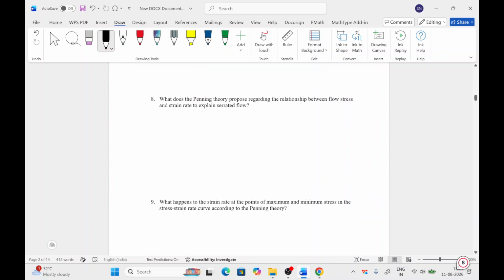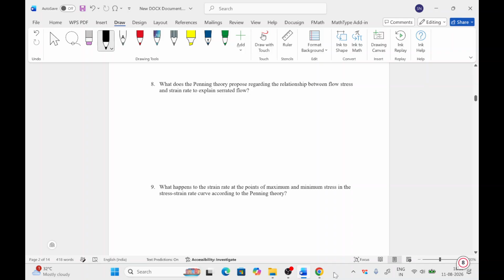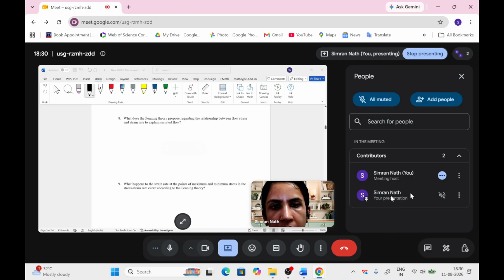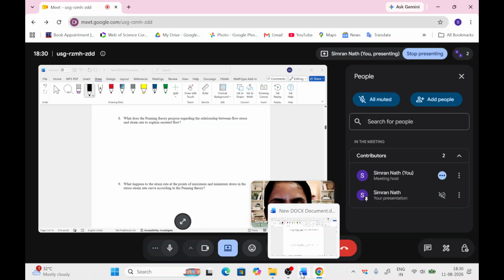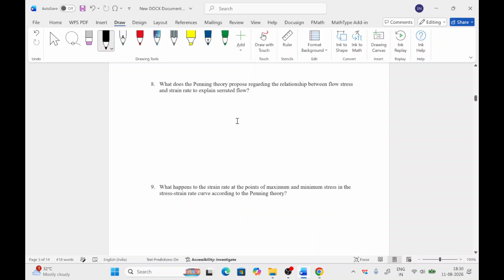Eighth question is, what does the pinning theory propose regarding the relationship between flow stress and strain rate to explain serrated flow?